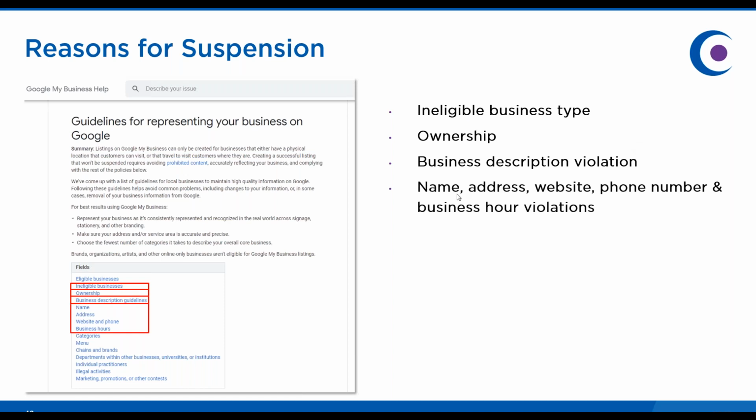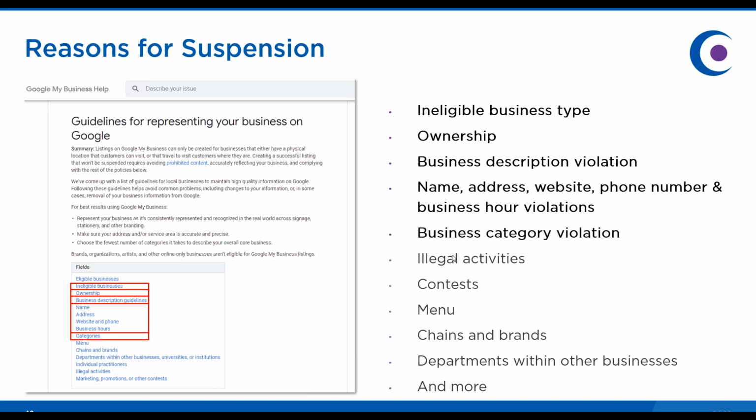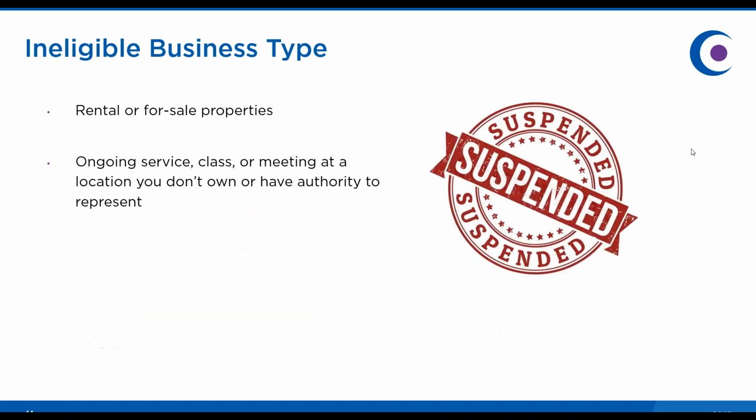You could have an issue with the name, address, website, phone number, business hours that you have in your listing. You can have an issue with the business category, and then a handful of other things. You're promoting illegal activities, you're running contests, you have a menu, like for a restaurant, and so on. But again, today we're going to talk about these top things, the big ones.